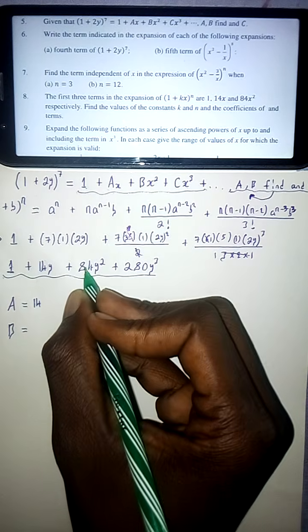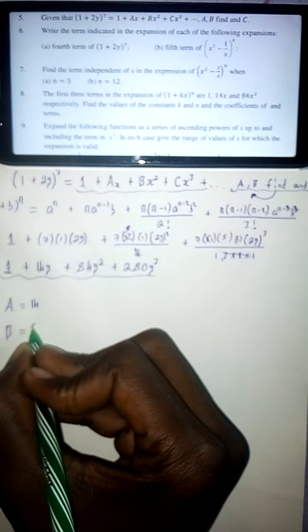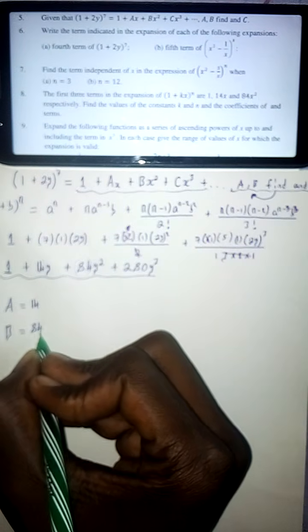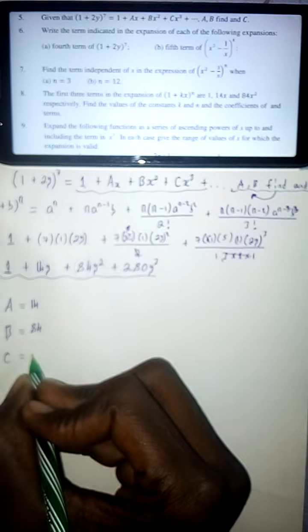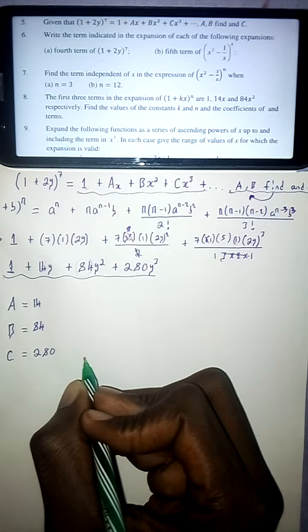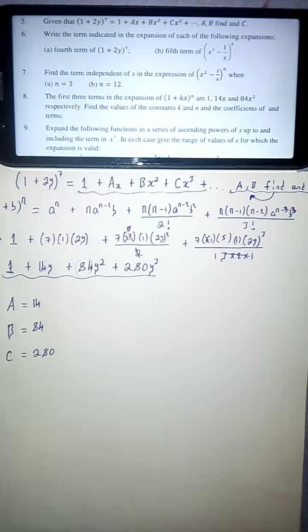My B will be this, which is 84. My C will be 280. Hope that is clear, guys. With that said, let's move to the last question for this video.